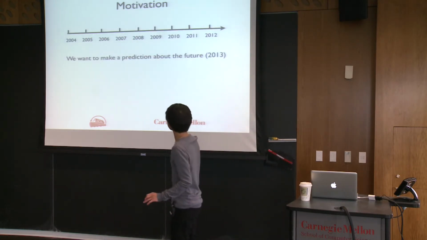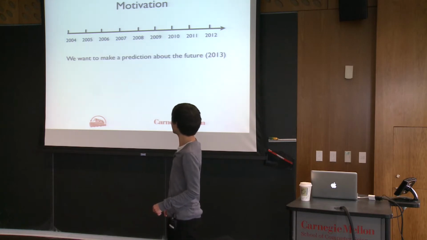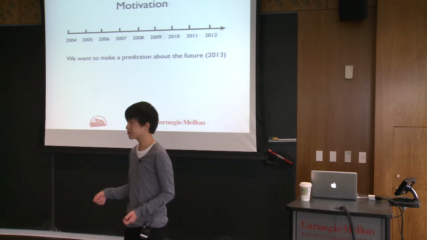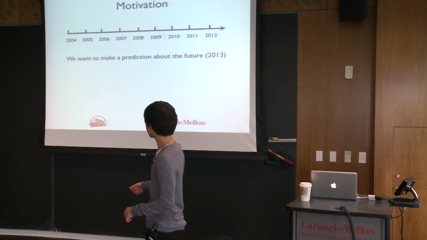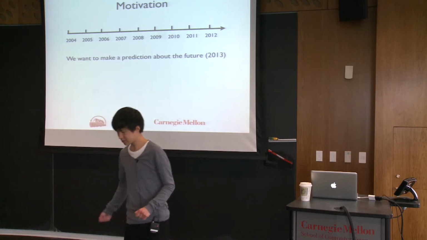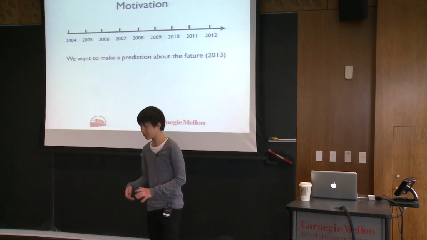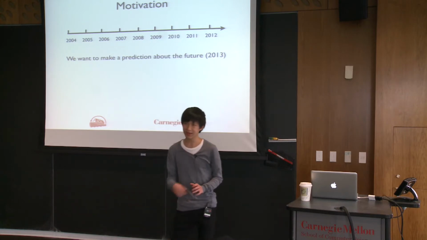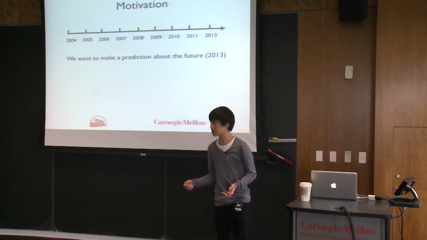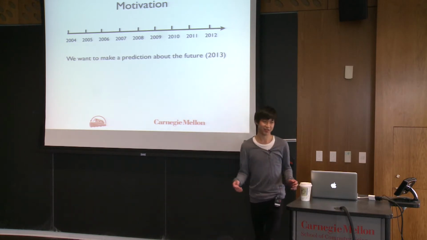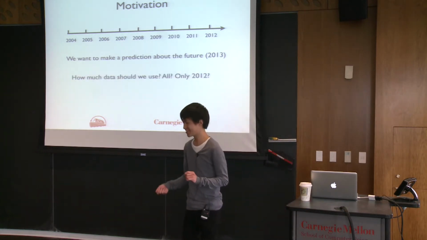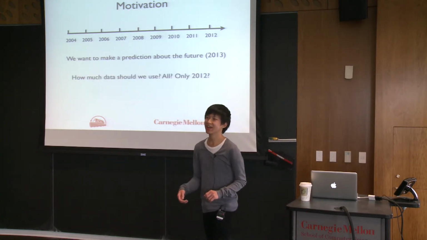Here's a small example. Suppose that every year, since 2004 until 2012, we collected data. So that's like 8 or 9 years. We have data every year, and we want to make a prediction about something that's going to happen next year. The first question we should ask is how much data we're going to use.